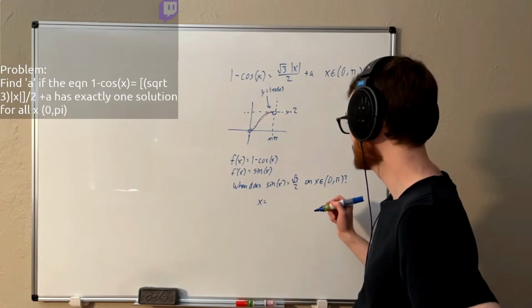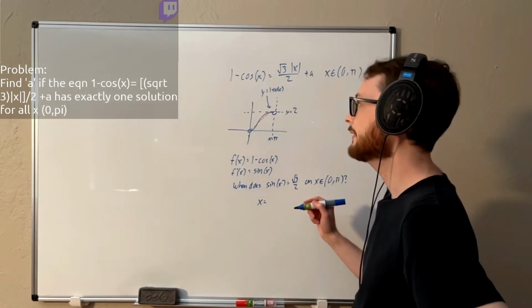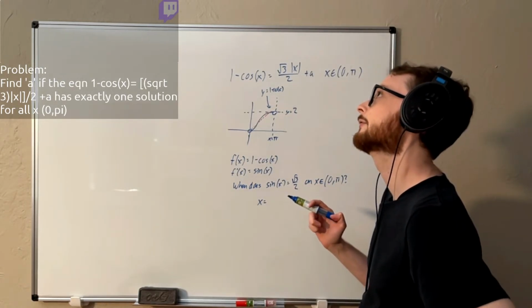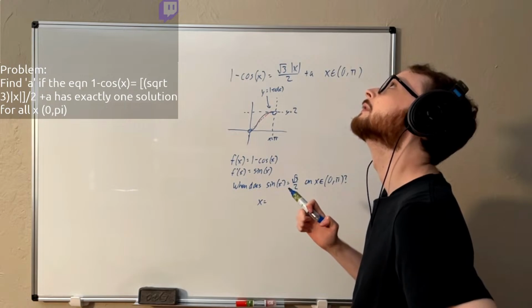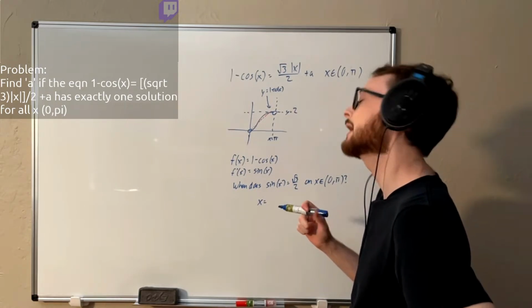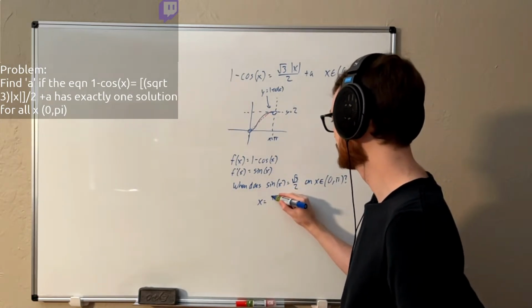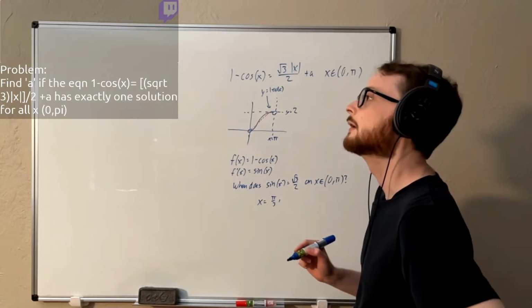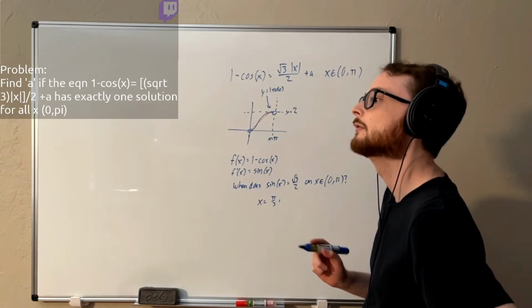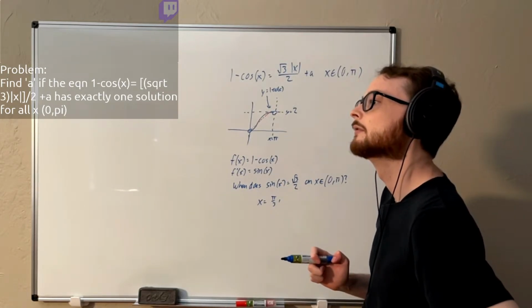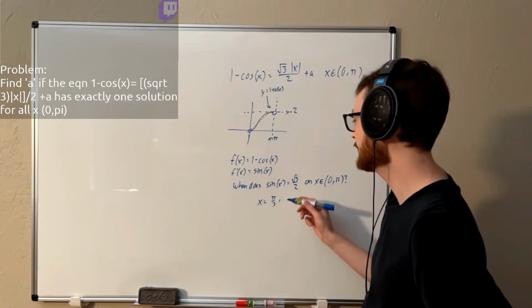Well, sine of x is √3/2 at pi/3. And also at, it should be 2 pi/3.